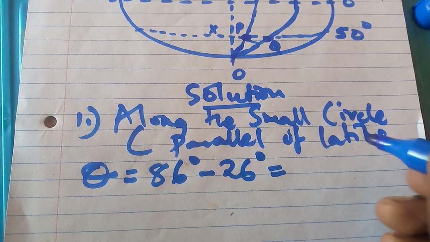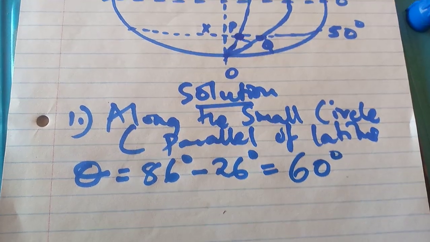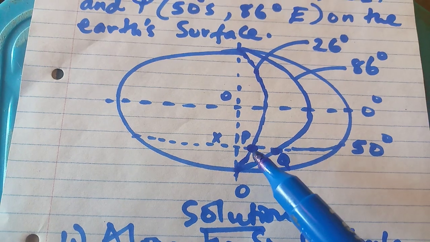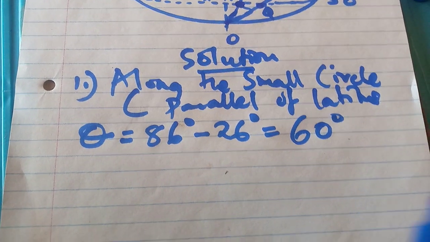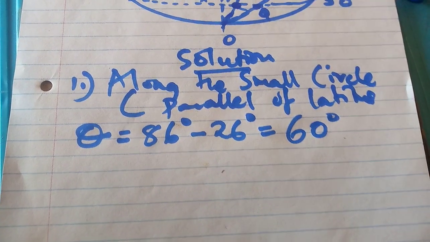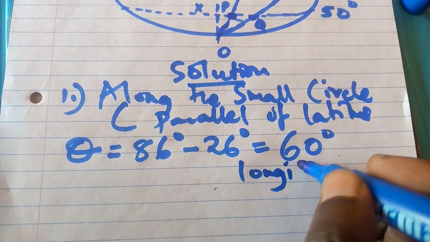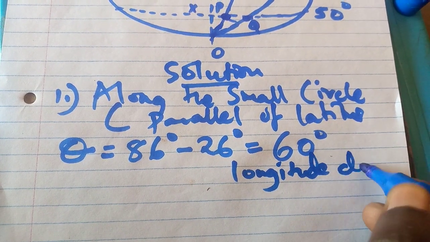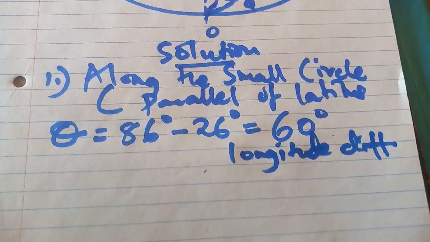Of course, I'm going to get it as 60 degrees. So that is the angle between P and Q along that latitude. So that is my longitude difference between these 2 points.